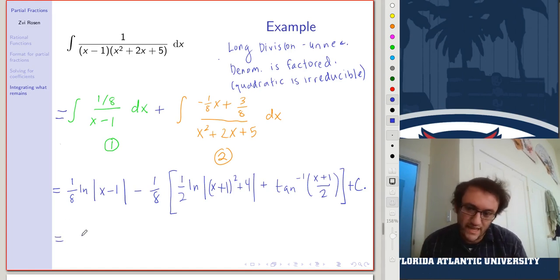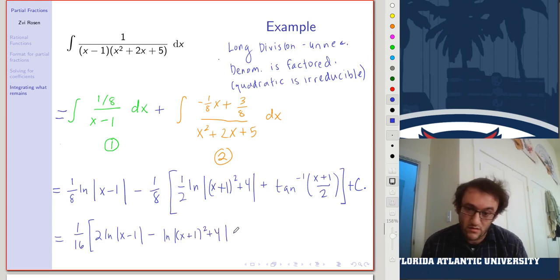For instance, we could take out a factor of 1/16, and then we'd have 1/16 times 2 ln x minus 1 minus ln x plus 1 squared plus 4 minus 2 arctangent x plus 1 over 2 plus c.